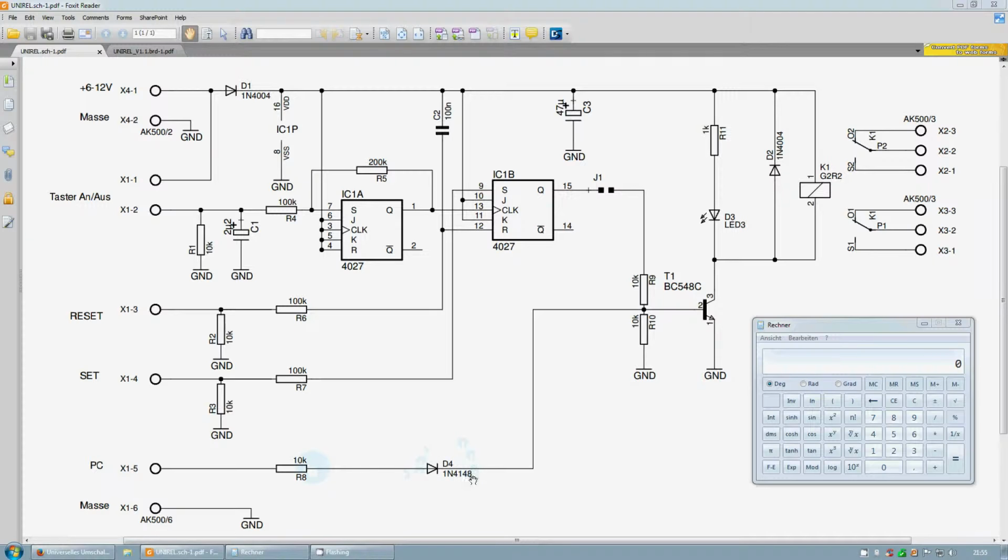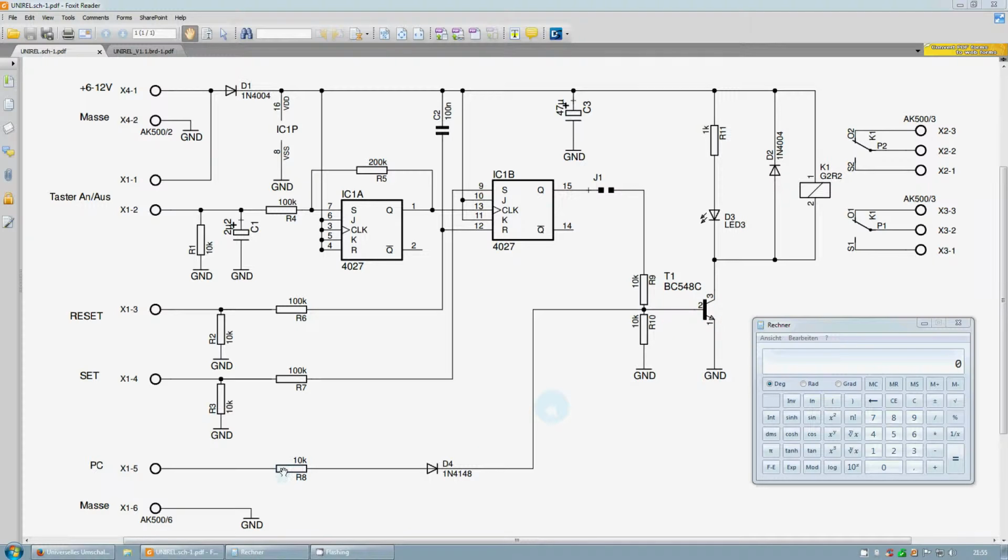Then we have a reverse protection diode D4. This serves the purpose that there can never be a negative voltage present at the base of the switching transistor, which would immediately destroy it, but only positive voltages can get to the base, and only a positive voltage will do anything with the switching transistor.